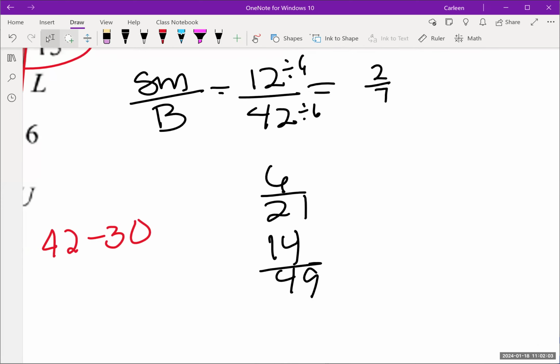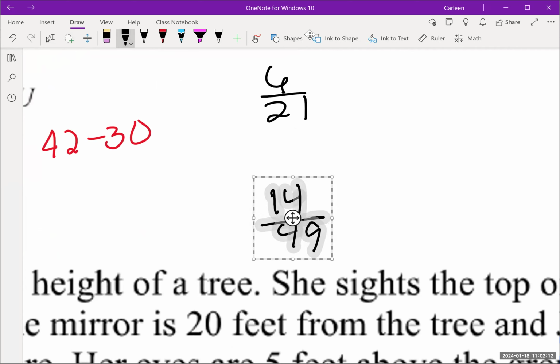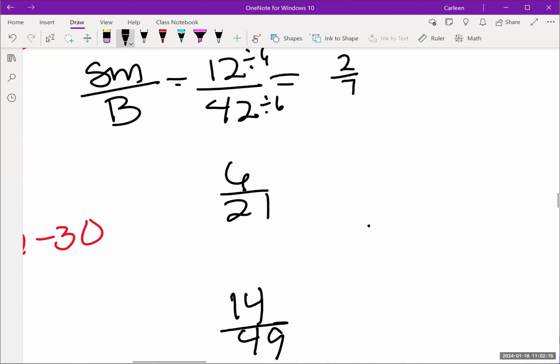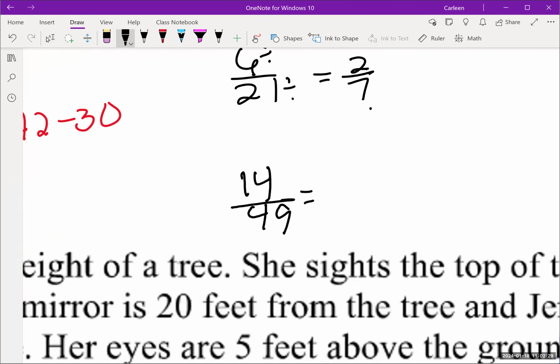Okay, 6/21. 6 and 21 can both be divided by what? 3. 2/7. Looking good. Okay, 14 and 49 can both be divided by what? 7. And we get 2/7.